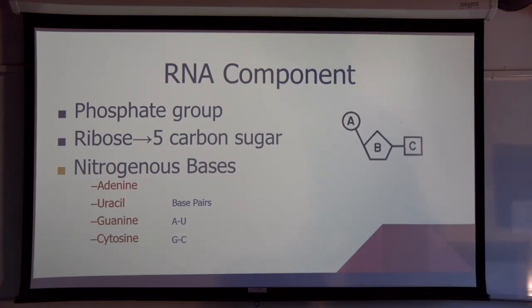All the other bases remain the same, so there's still adenine, guanine, and cytosine, but thymine is replaced by uracil. So what we'll see for base pairing is that A would now pair up with U instead of T. G would then pair up with C.